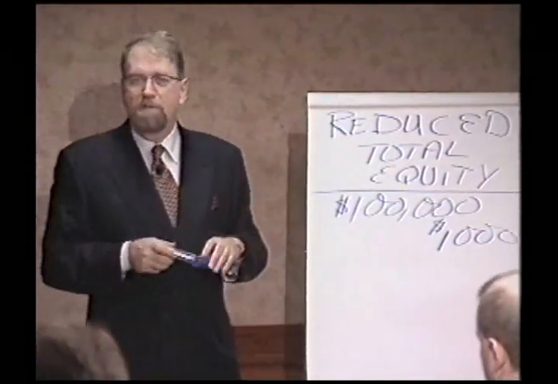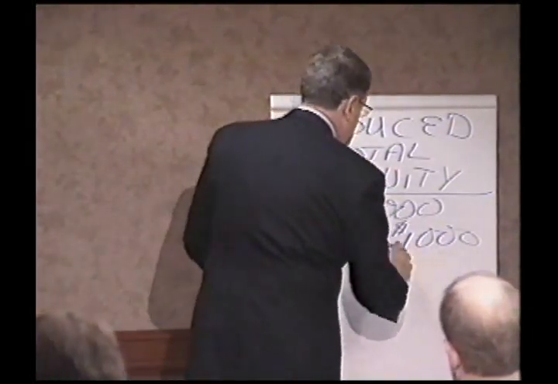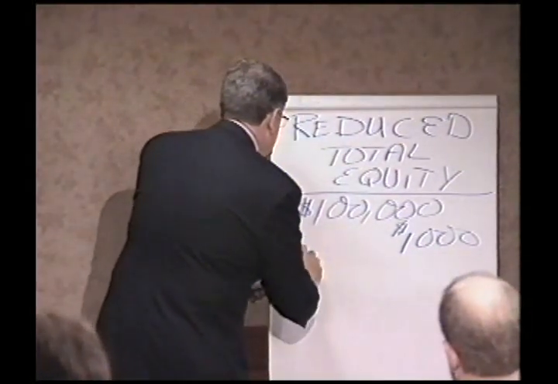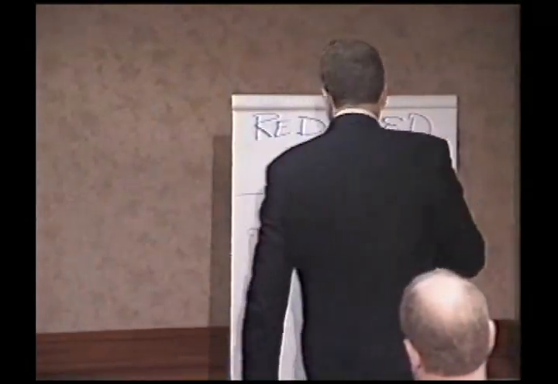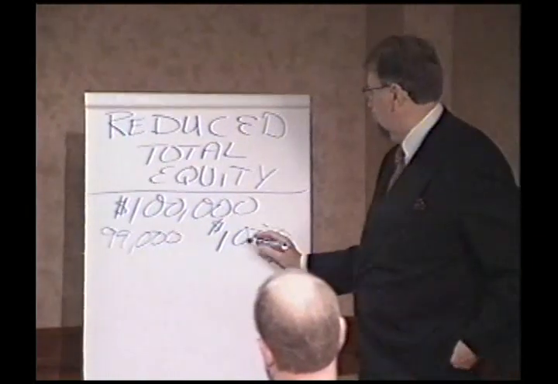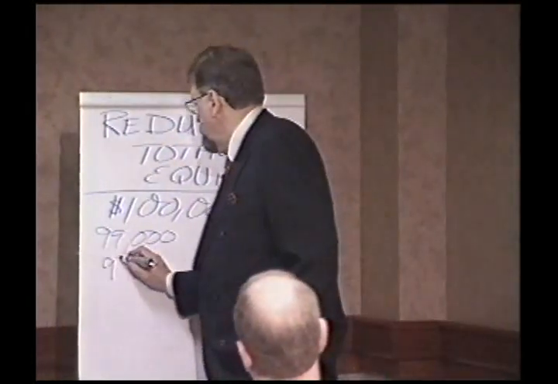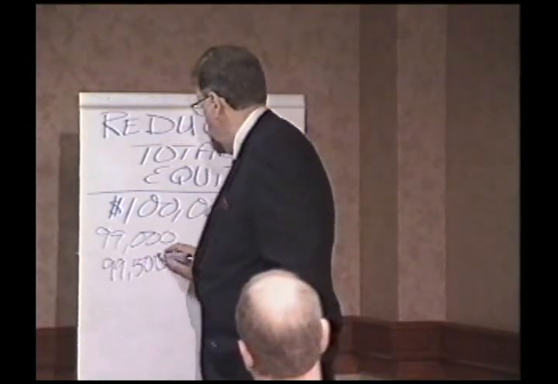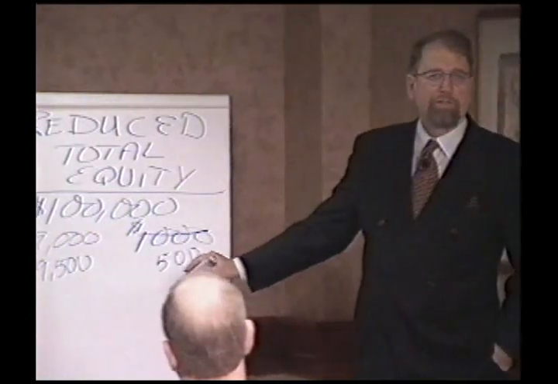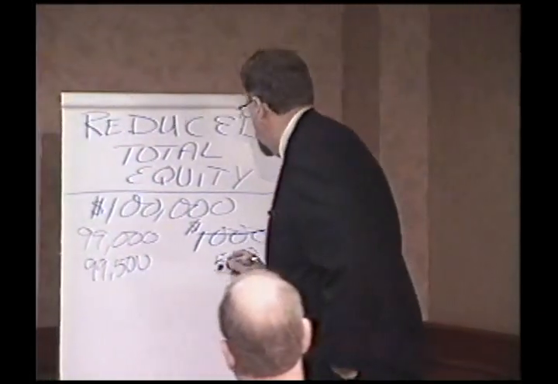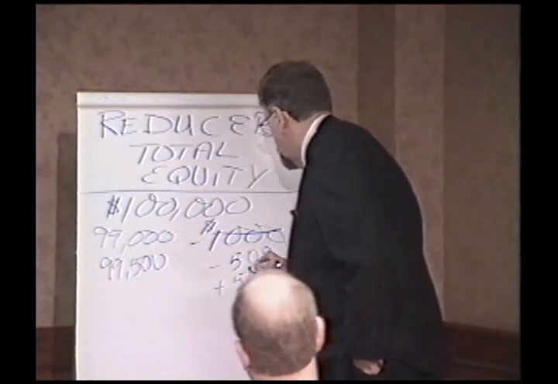Now what might happen at some point in time is, with this amount you have $99,000. When you suddenly raise your stop so that the risk is only $500, you now have $99,500. If you now start to get a profit, let's say it goes to, make these minuses, now it goes to plus $500.